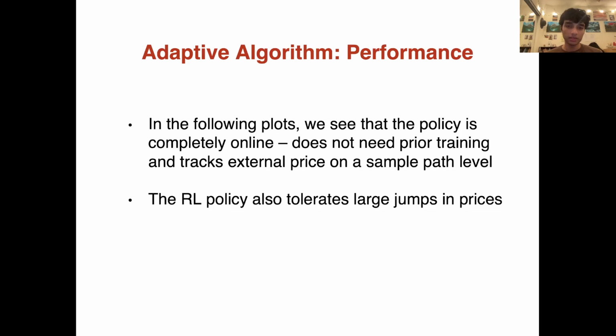We now demonstrate the performance of our policy, and we highlight that it does not need any prior training and tracks the external price for each sample path that the price takes, as opposed to tracking it on an average. The RL policy also tolerates large jumps in prices.